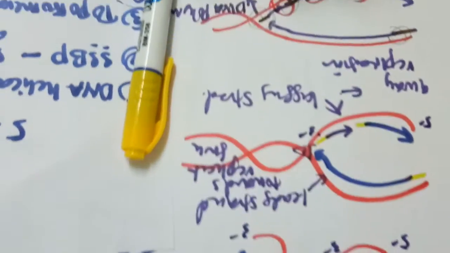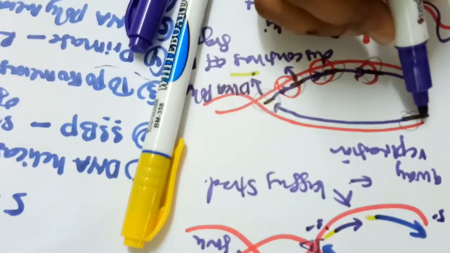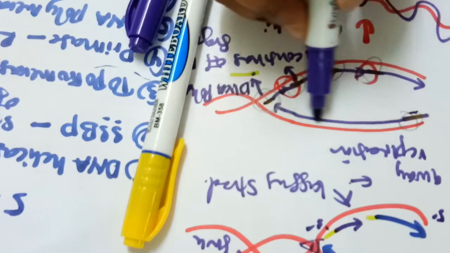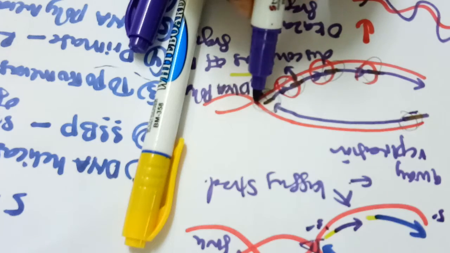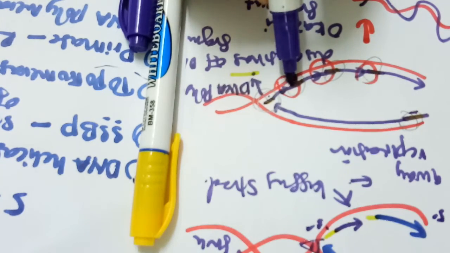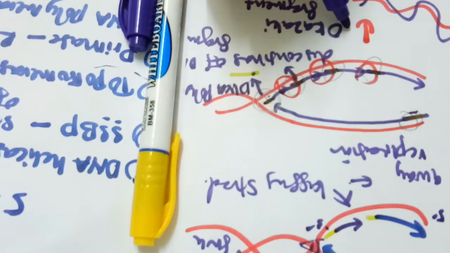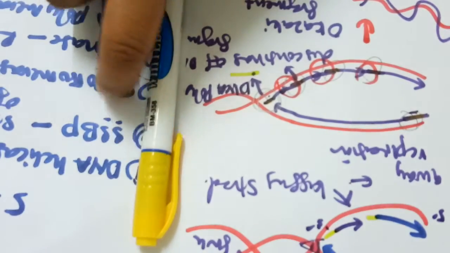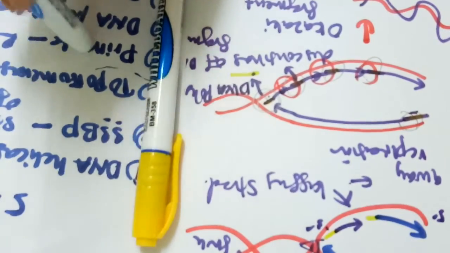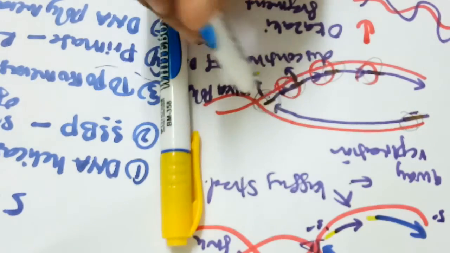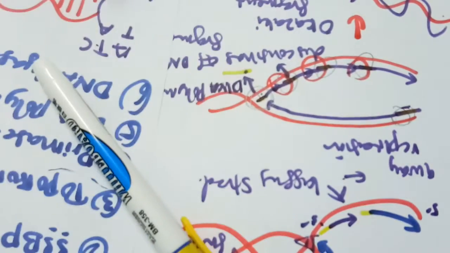Okay, and once they open more, okay, they open more, so the RNA primer will be here. Okay, and this leading strand will move continuously towards the replication fork, while the lagging strand will form discontinuous DNA fragments that we call Okazaki fragments. Okay, because we need the DNA nucleotide base, we have to remove the RNA primer and replace it with the DNA nucleotide, and this is the responsibility of DNA polymerase 1.